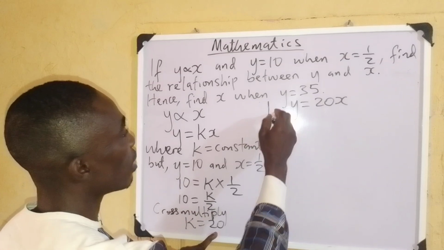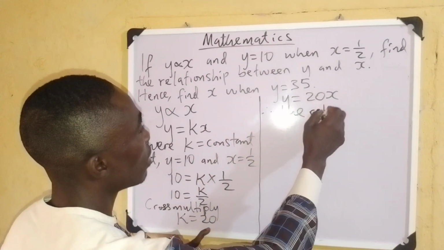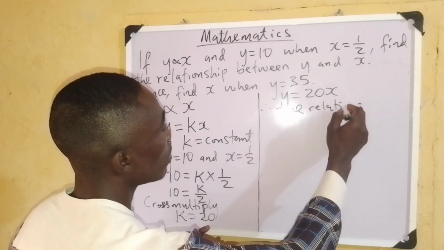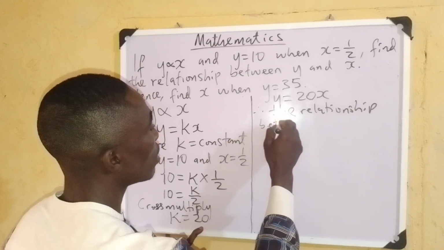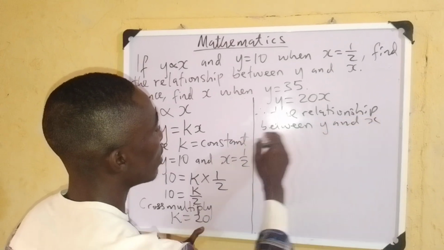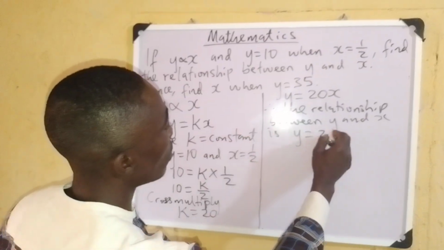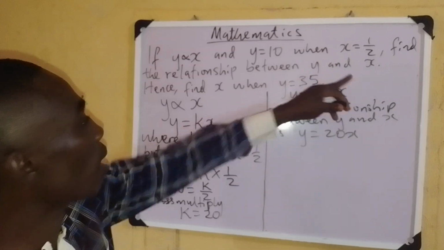So in that case, we now say, therefore, the relationship between y and x is y equals to what? 20x.